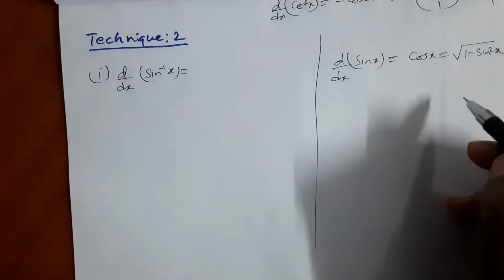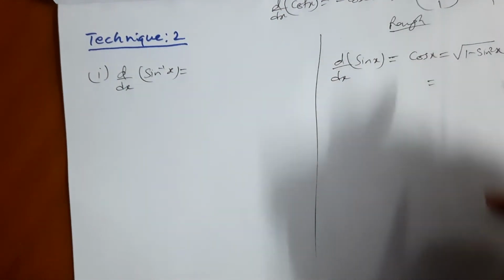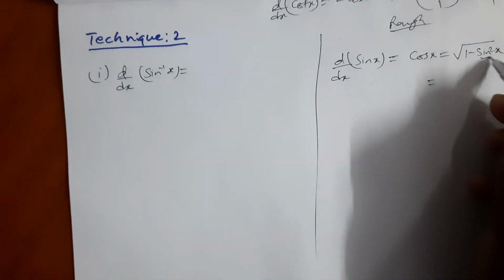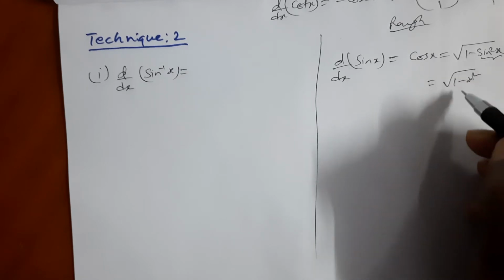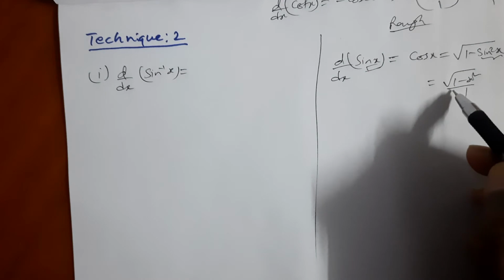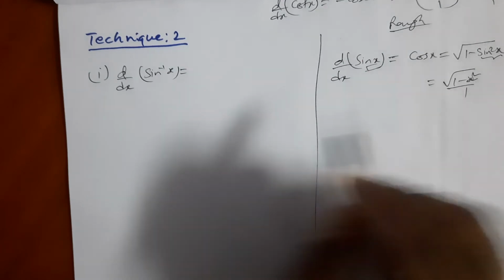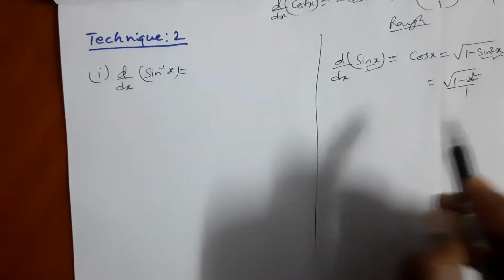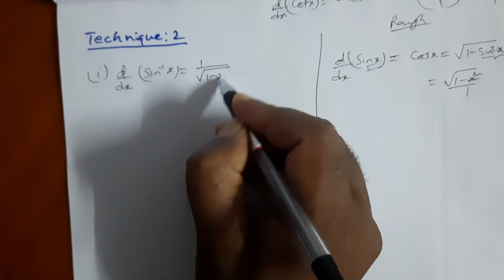We can do this in rough, and you can just replace sine x by x, giving root over 1 minus x square. This is the derivative of sine x, but we need the derivative of sine inverse x, so we take the reciprocal. The reciprocal is 1 over root over 1 minus x square.